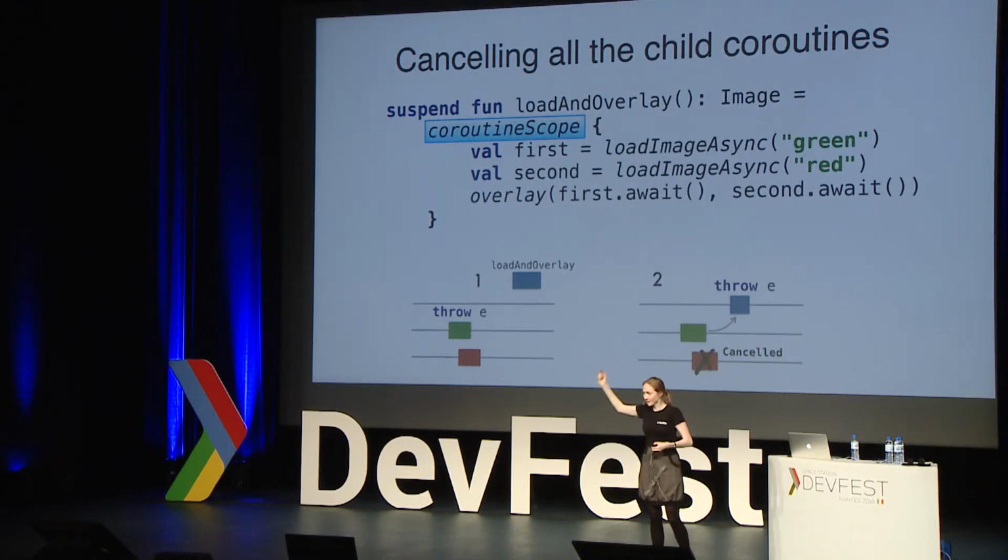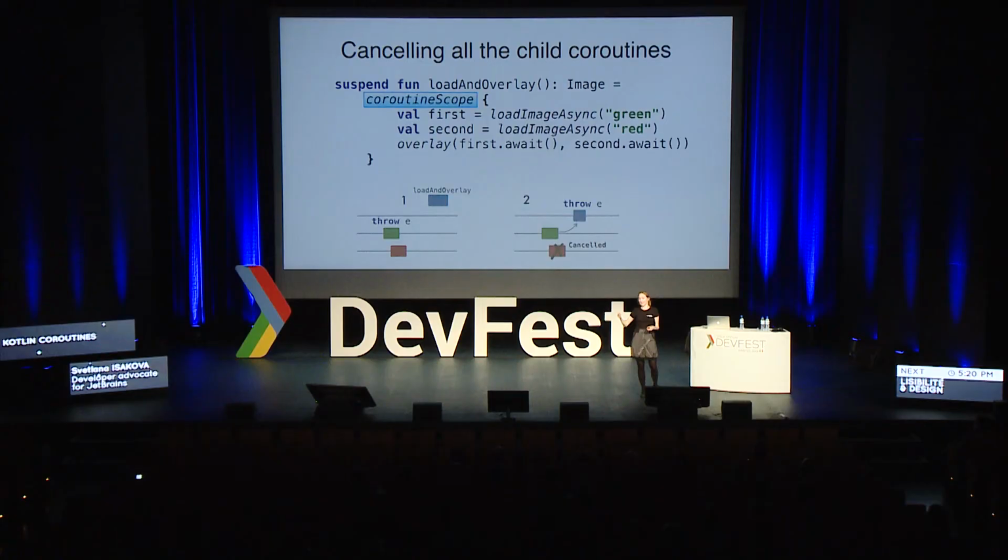Now, if one of your child coroutines is cancelled, then the outer scope, before returning, will clean up everything, will wait until its children are finished, or will be cancelled if it's cancelled.